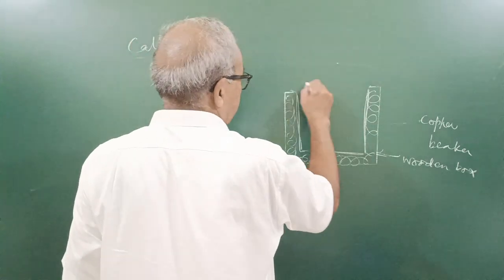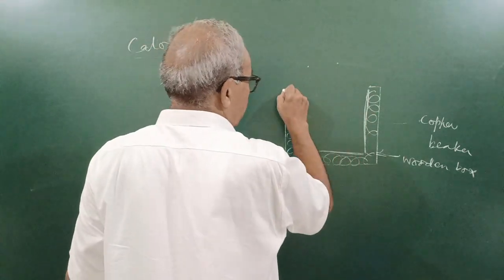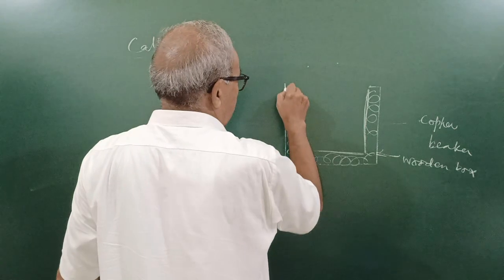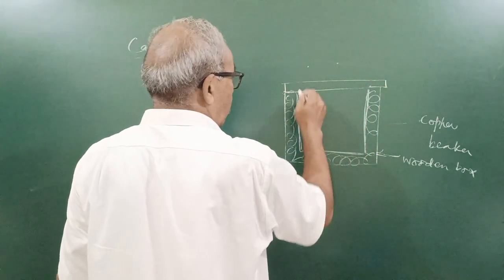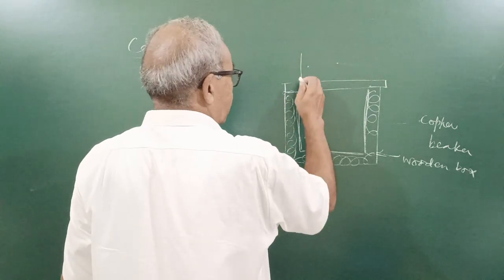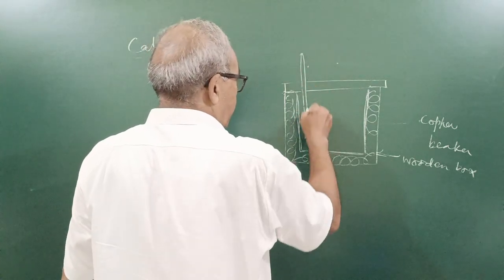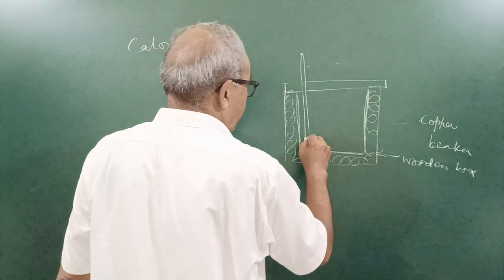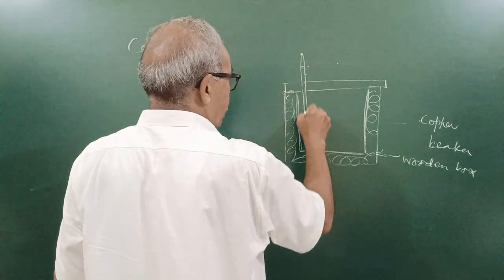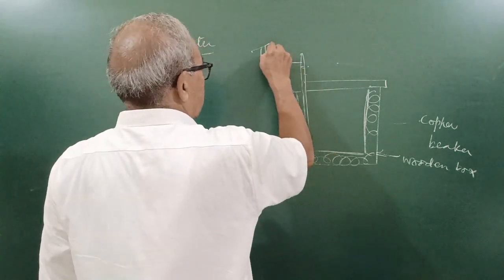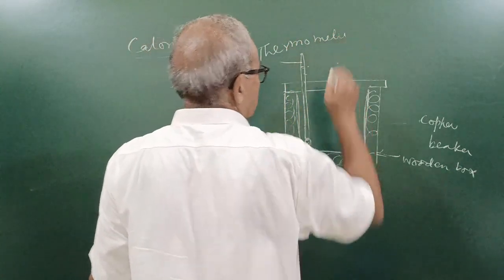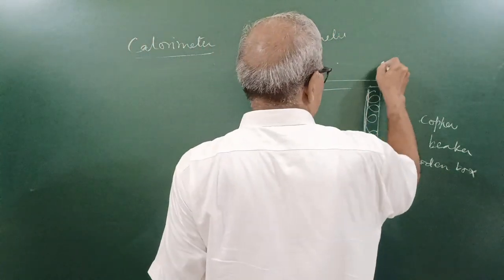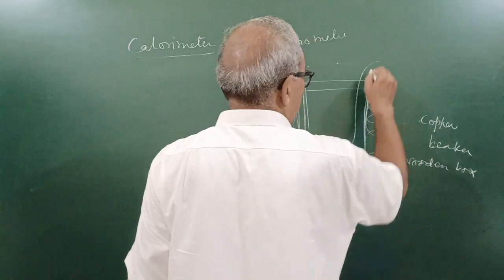And here we use a lid, and there is a hole through which we put a thermometer here. Thermometer. And another is a stirrer.